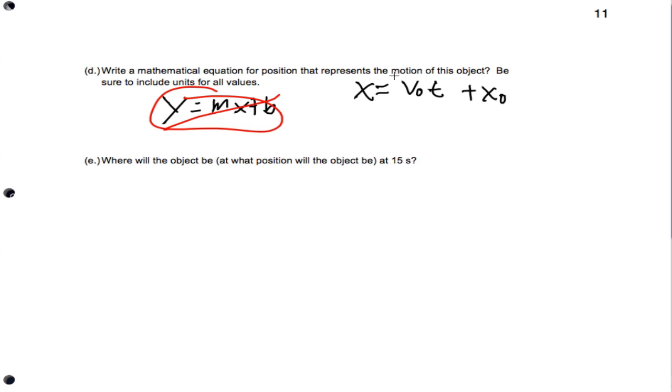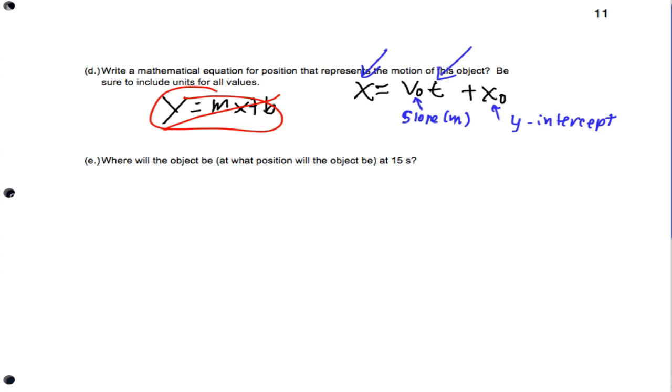First of all, x and t are going to be variables in this problem. These are positions that we calculate as a function of time. And if you remember from our Buggy Lab and our calculation, v0 is the slope, which is m, and x0 is our y-intercept.